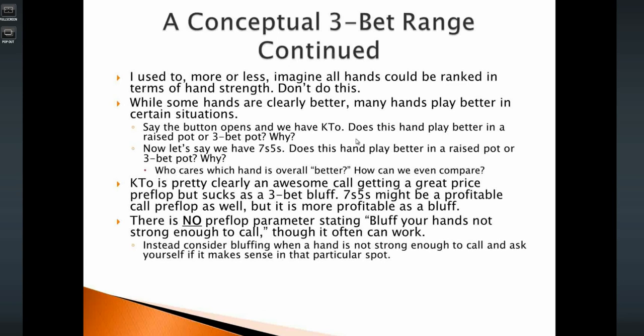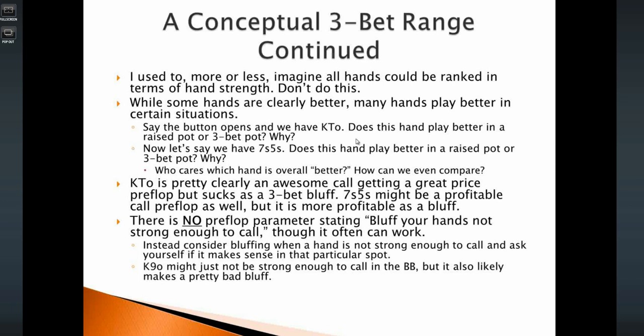So once again, the rule can be useful, and it is something that you probably should run through your thought process, whether you're pre-flop or post-flop, which is if you have a hand just barely not strong enough to call, it will often make a good bluff raise, but there's no rule that says you need to do that, and there's no rule that says just because a hand profitably can be called, it doesn't make a better bluff raise. King 9 off might just not be strong enough to call in the big blind, but it also likely makes a pretty bad bluff. So that's a great example of that.